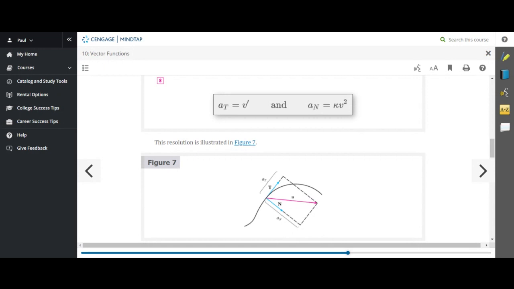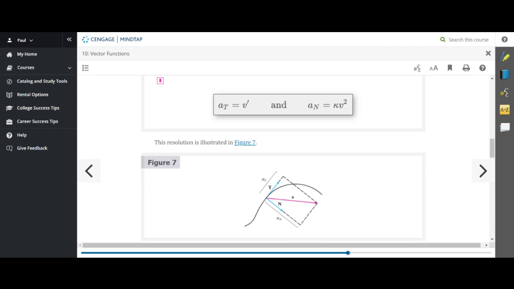And does curvature affect the acceleration vector? It does. You can see based on the figure that if you're moving along a path and the path has more curvature, the acceleration vector is influenced more by the normal vector that goes inward.